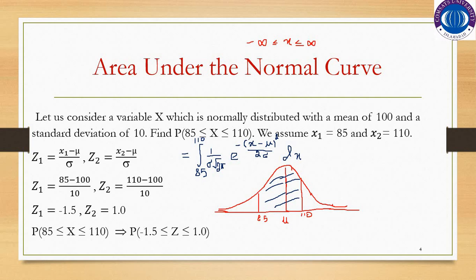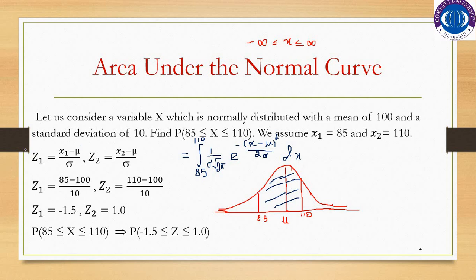So to get rid of this calculation, which is not so easy and will give you approximate results, we will convert this random variable x into the standard normal random variable, which is z, and which is x minus mu over sigma. By transforming the random variable x into z, this will be converted into standard normal distribution, in which mean is 0 and standard deviation is 1.